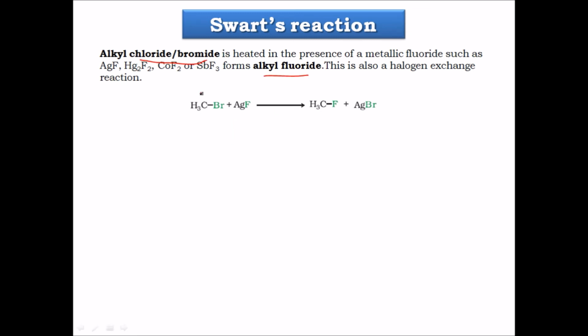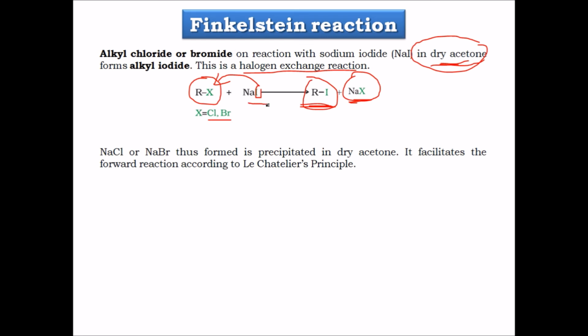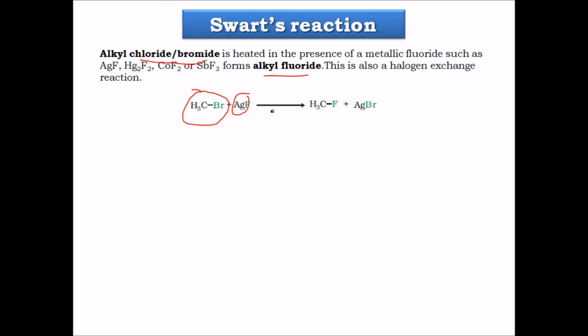I take one example here, methyl bromide. In the previous reaction the reagent was sodium iodide, and in this method the reagent is any metallic fluoride. For the examples given here, the metallic fluoride can be AgF, Hg2F2, CoF2 or SbF3. On heating with these metallic fluorides, we can convert alkyl chloride or bromide into alkyl fluoride.